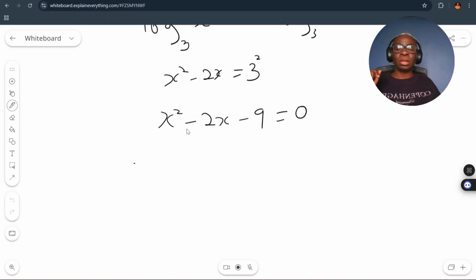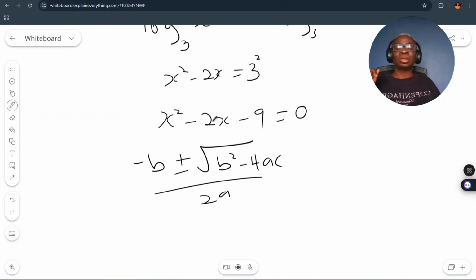So now we have to use the quadratic formula to solve this. Let's write the formula out. Minus b plus or minus the square root of b squared minus 4ac all over 2a. So minus b, since our b here is negative, this would give 2 plus or minus the square root of negative 2 squared, which is 4.